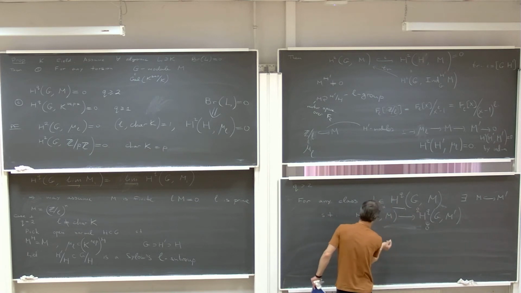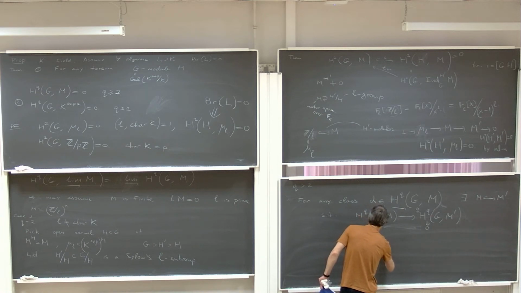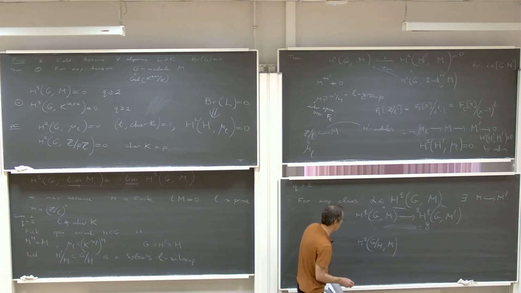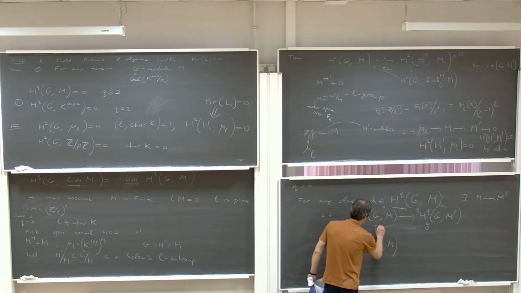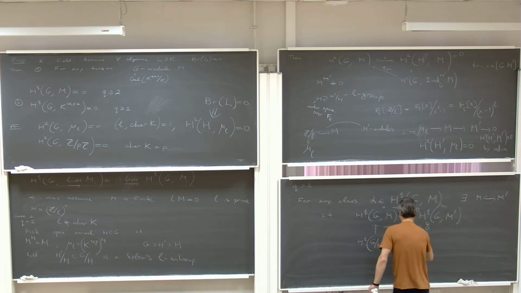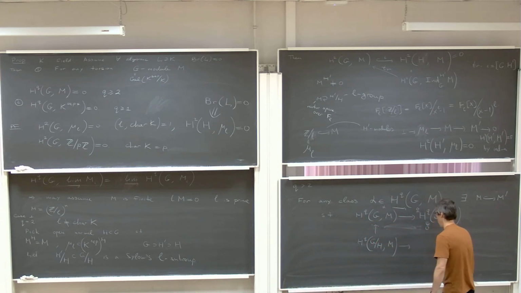So how to check this? I may assume that my alpha comes from some quotient, M is H invariant. So alpha lives here, and then I just embed it into HQ.